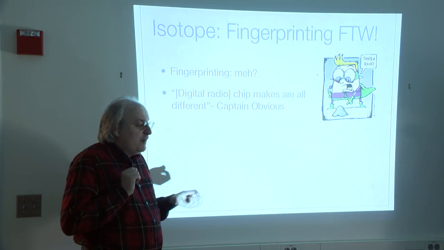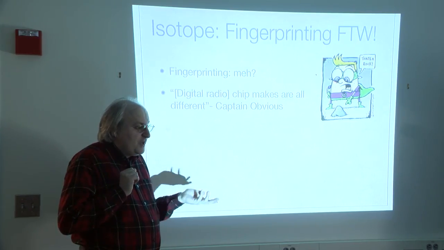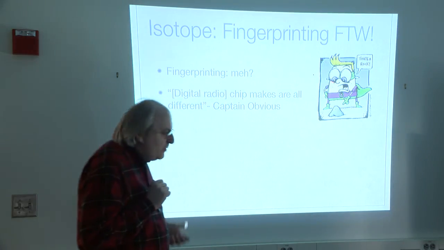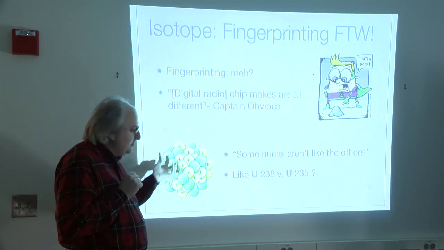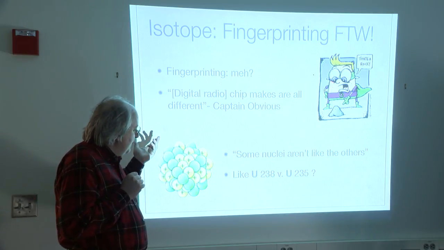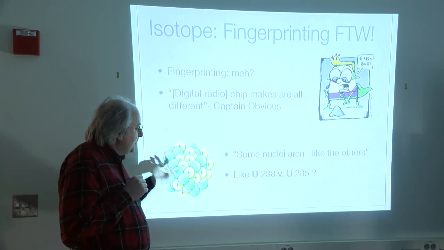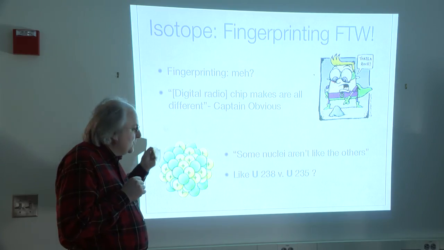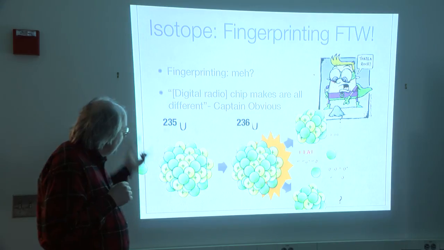People have been looking for minute differences between transmitters. Who cares? Well, it turns out that it's almost as useless as looking at your typical elements and counting the neutrons in them. It's the protons that matter. You got your charge. But a neutron more, a neutron less, it's still the same chemical element. Who cares? Except when it's uranium.